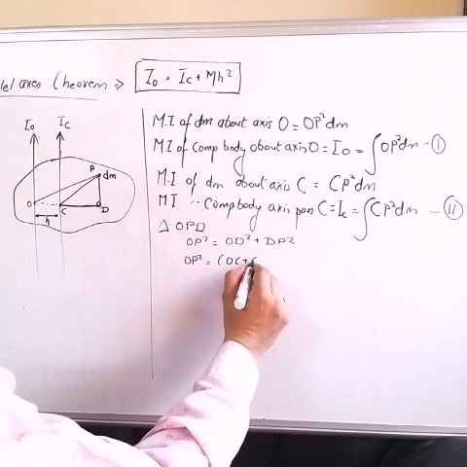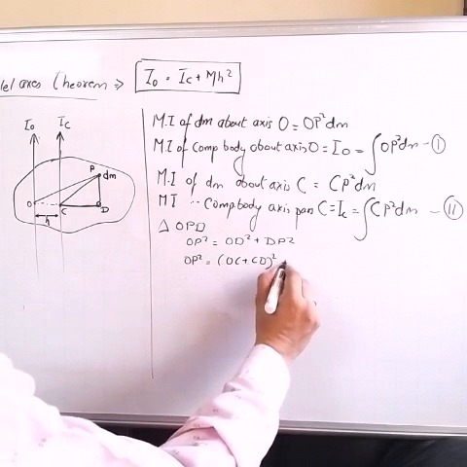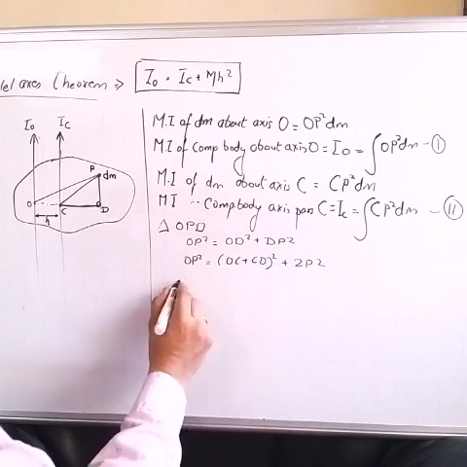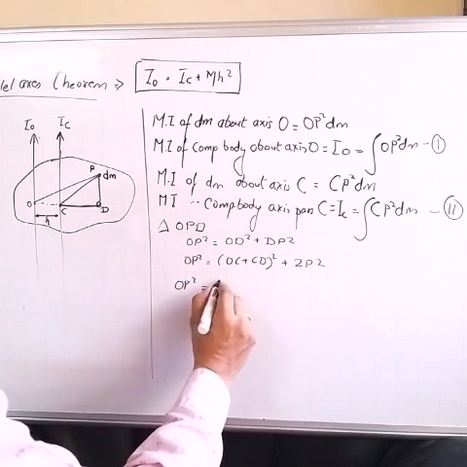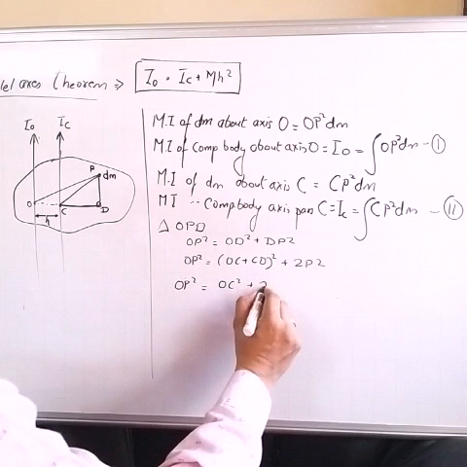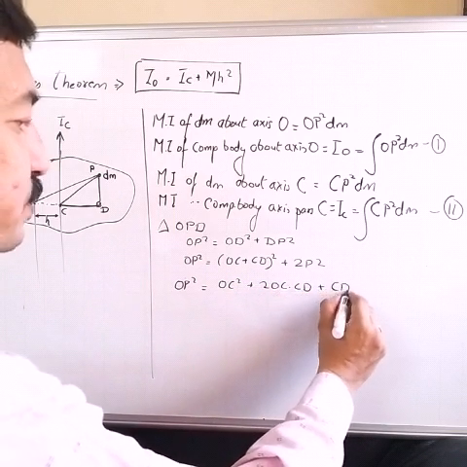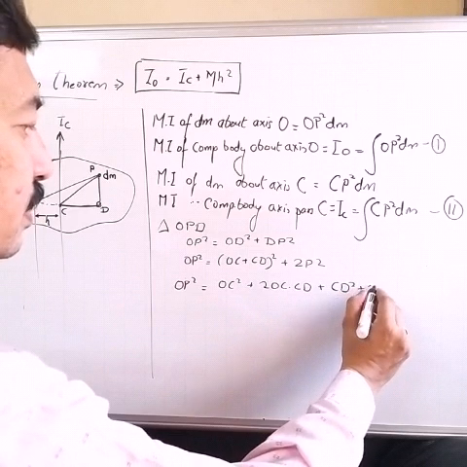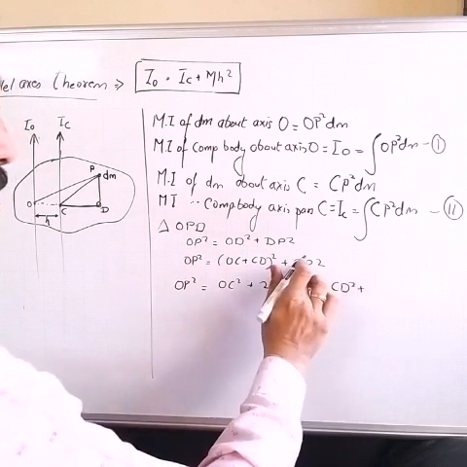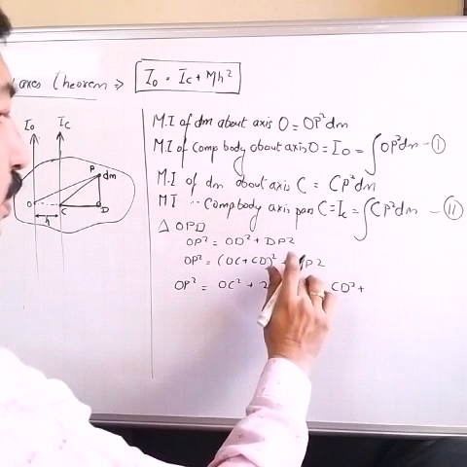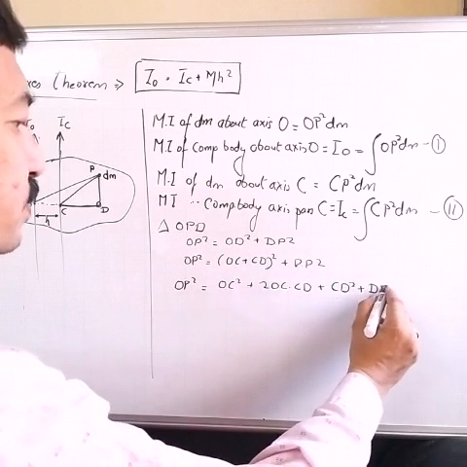OC plus CD, the whole square, plus DP square, or OP square will be OC square plus 2 OC CD plus CD square plus DP square.